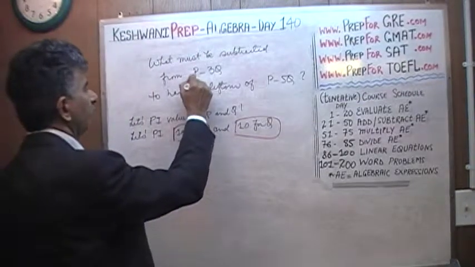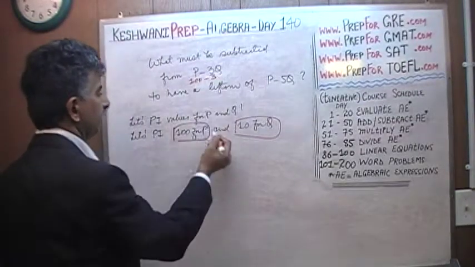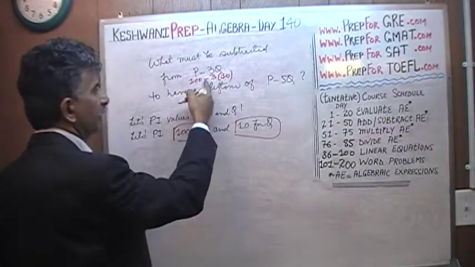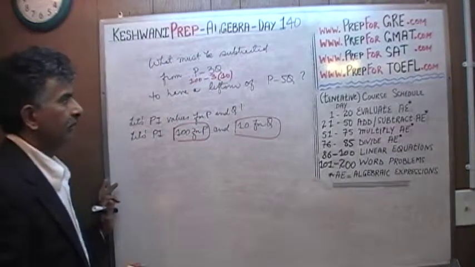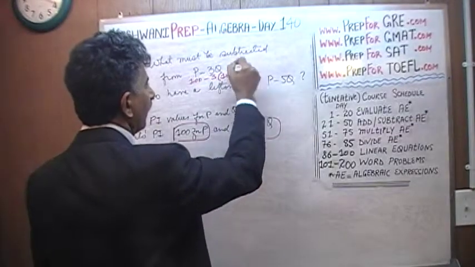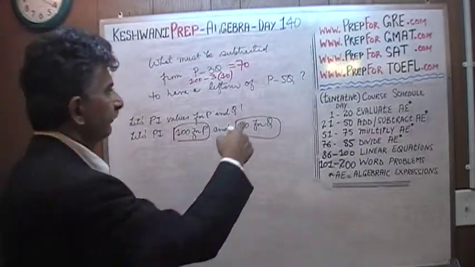So here we have 100 minus 3 times Q, which is 10. How much is 100 minus 3 times 10? It is 70. And what is this other thing?